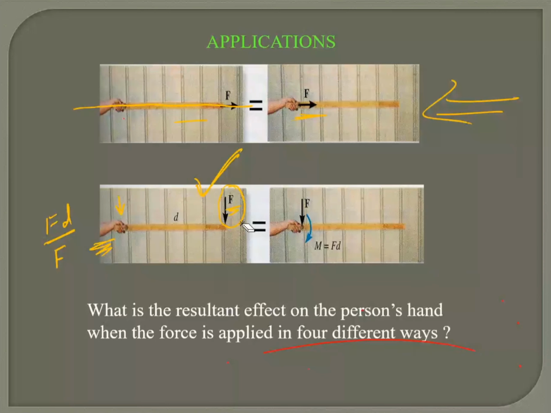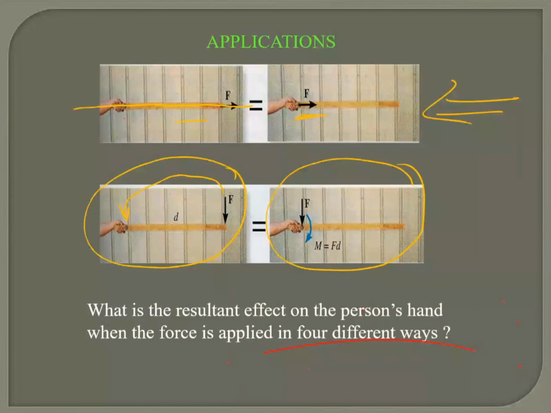This and this are the same. So I move the force from here to here, but I had to create a couple moment so that the effect of both is the same. In simple words, remember, if you are moving a force from one point to another point, you have to create a couple moment to make it equivalent.